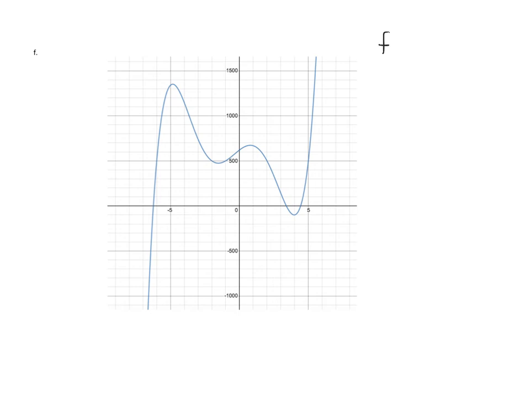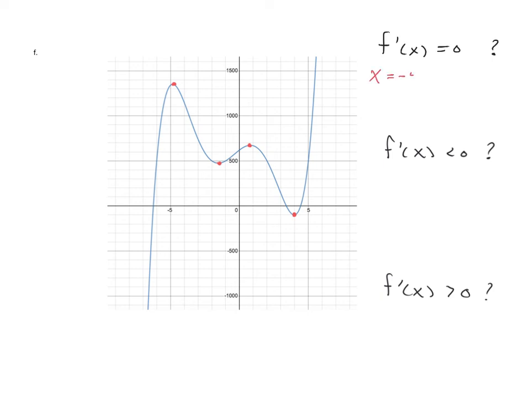All right, where is the derivative 0? Where is it negative? Where is it positive? All right, the places where it's 0 appears to be right about there, here, roughly there, and here. So it looks like 1, 2, 3, 4 places. Answers may vary.